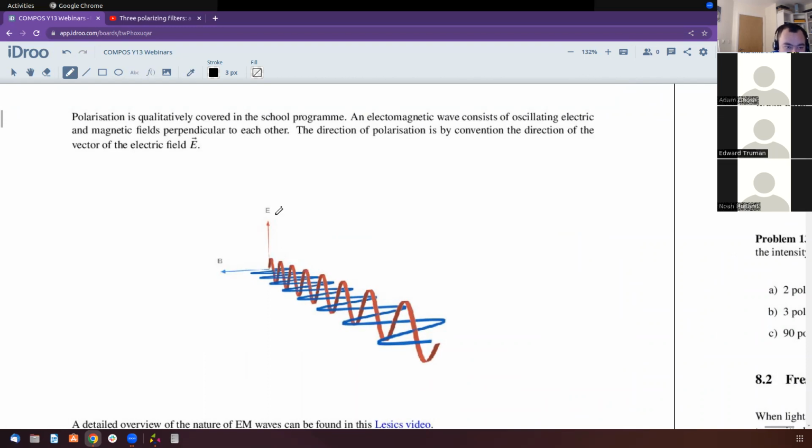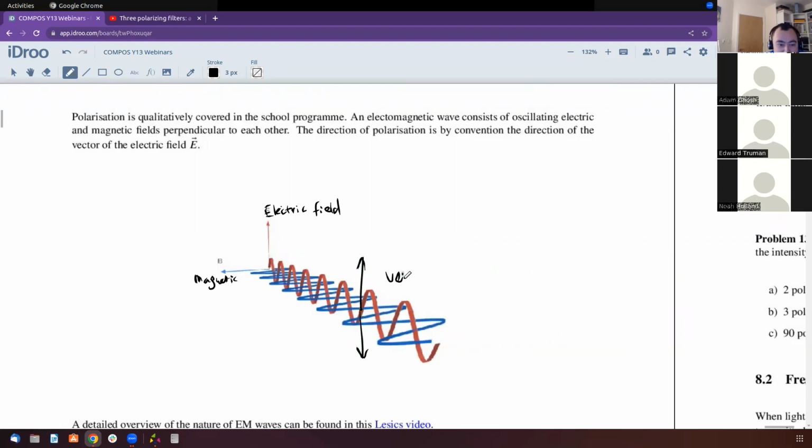That's the electric field, and it's changing in space and time. And this is the magnetic field. Conventionally, we say that the direction of the electric field is the direction of polarization. So in this case, this wave is vertically polarized because the electric field is oscillating up and down.